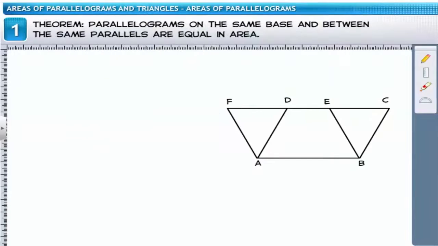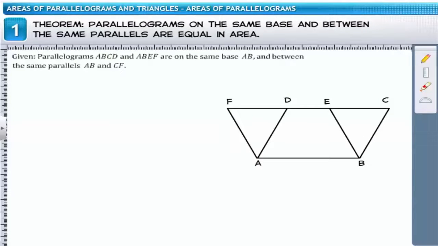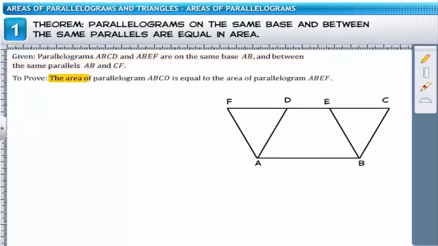Now, let's prove this theorem mathematically. In the figure, parallelograms ABCD and ABEF are on the same base, AB, and between the same parallels as AB and CF. We will prove that the area of the parallelogram ABCD is equal to the area of the parallelogram ABEF.